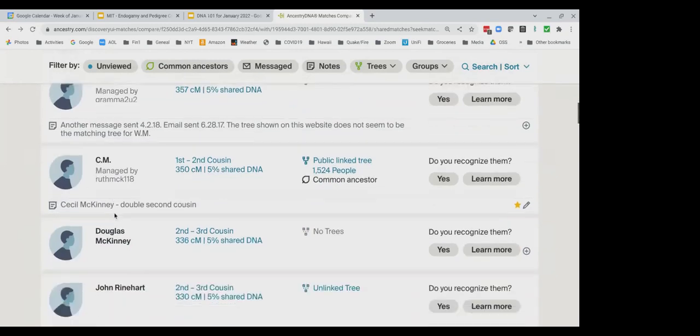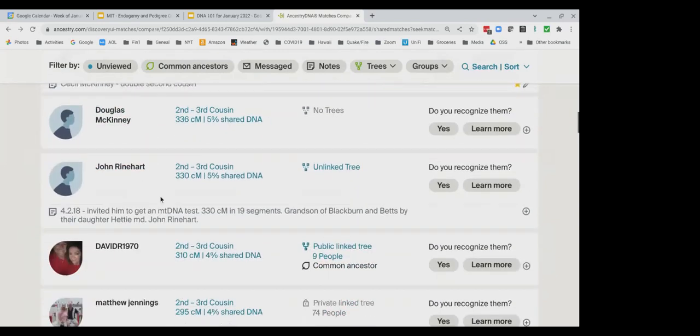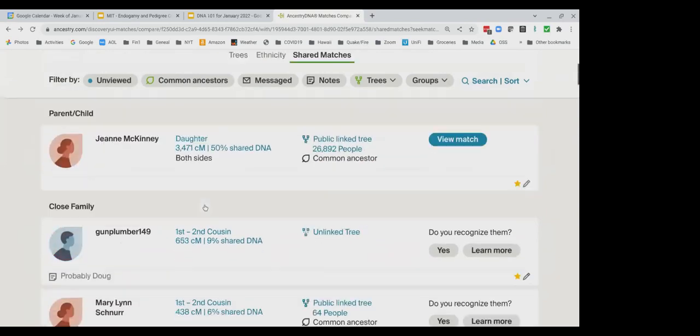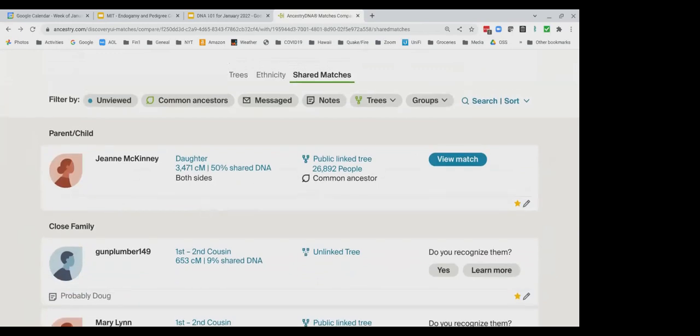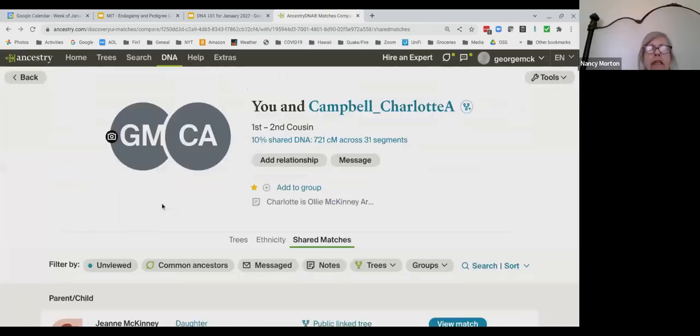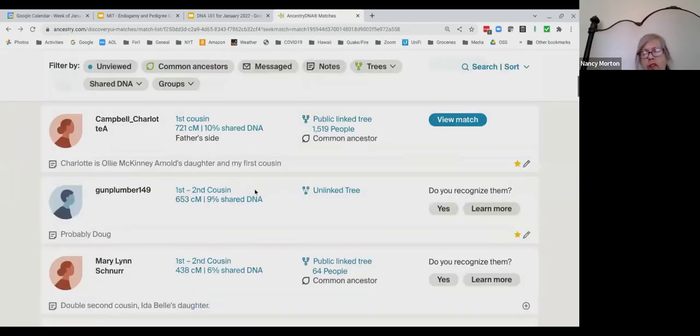All right, now I want to go back to my DNA. George: Do you then add these people to your tree if you don't have them there already?